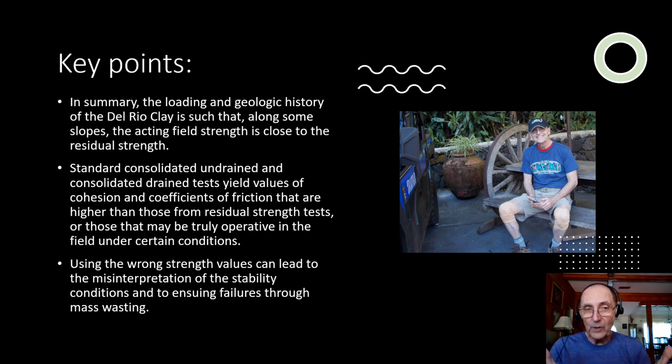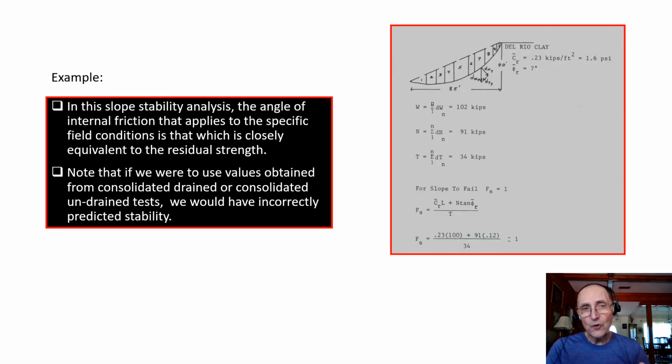It is obvious that if we use the wrong strength values, that could lead to the misinterpretation of the stability conditions of a slope and to ensuing failures through mass wasting. In the slope stability analysis shown here, using the method of slices, please note that the angle of internal friction that applies to the specific field condition is that which is closely equivalent to the residual strength.